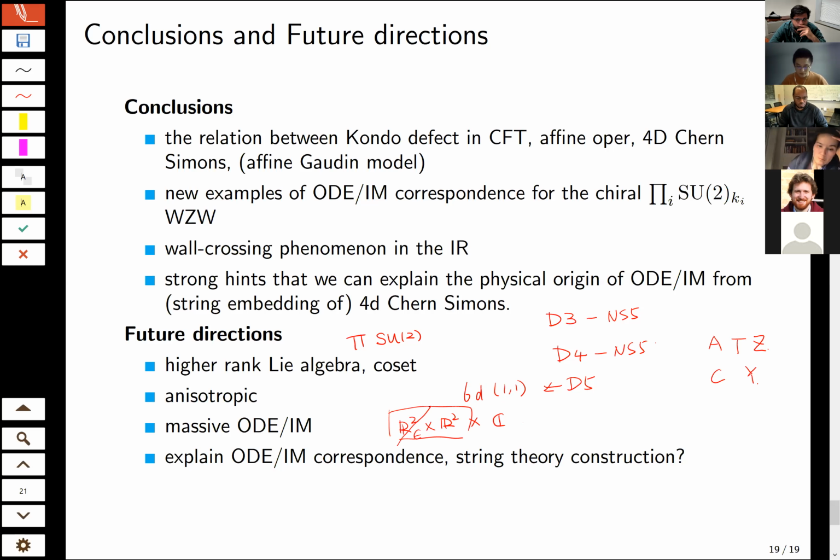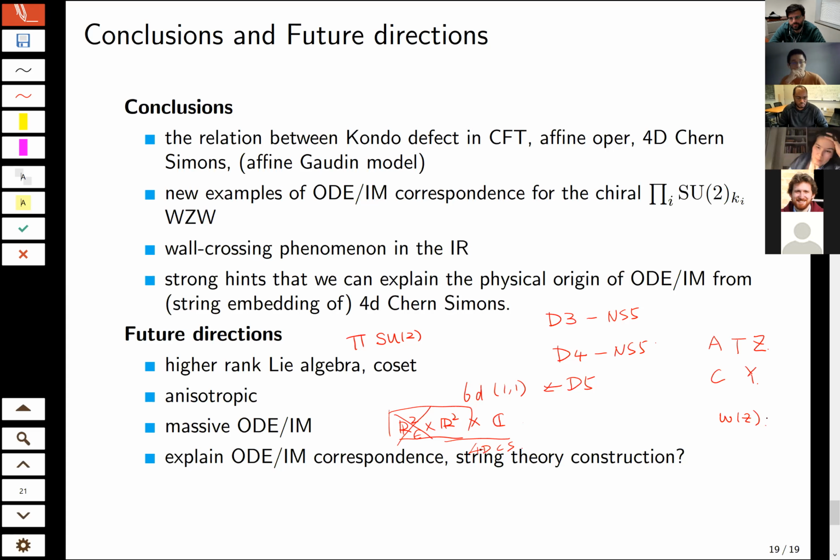So I will get rid of these 2 dimensions. Now I go back to the 4D Chern-Simons. So there are multiple string theory realizations, but how we find the twisted one-form is still eluding us.